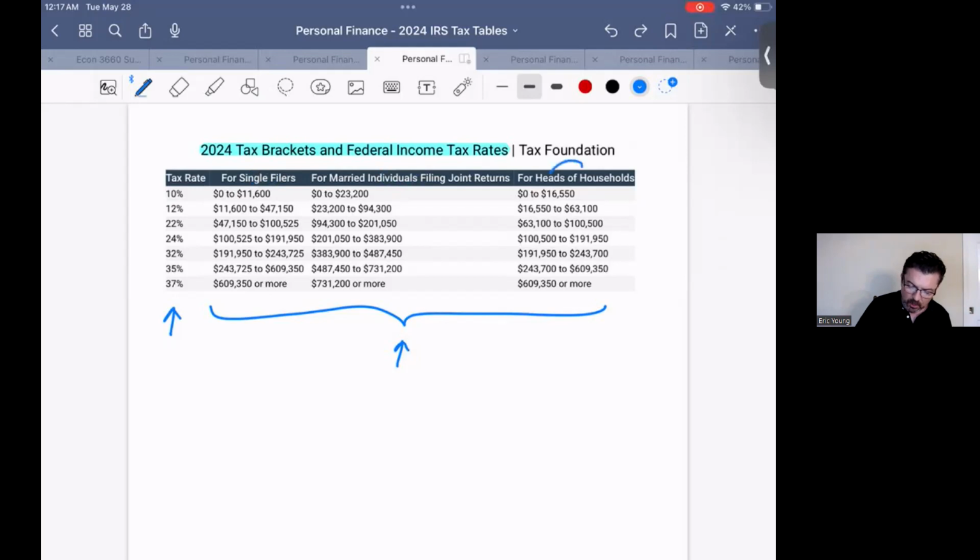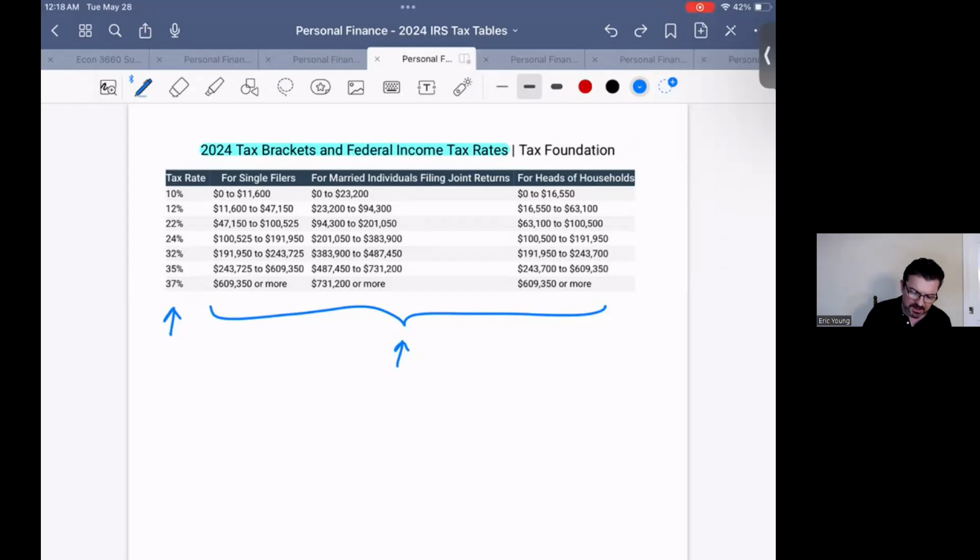And then a unique one called head of household. Head of household is a status for people who are not married, but have another person besides themselves that they provide care for, typically a child or a parent. So again, you see your single, your MFJ, married filing joint, or your HOH, head of household statuses.